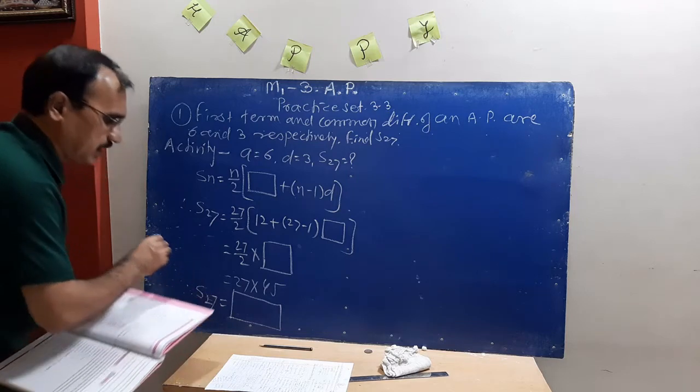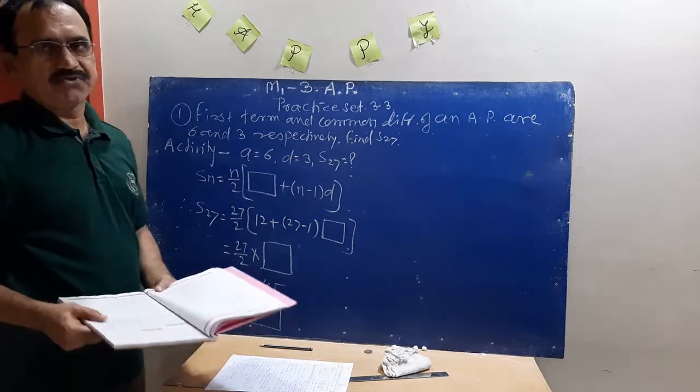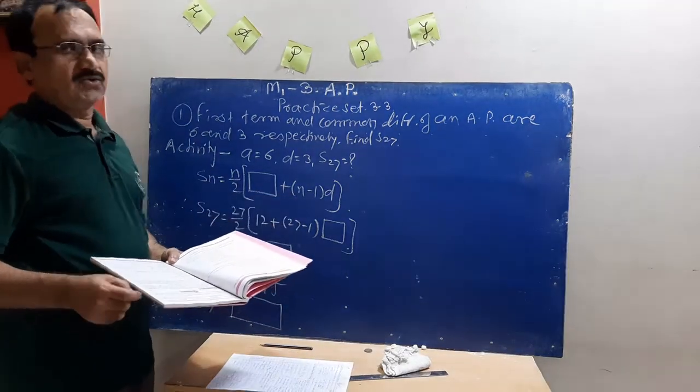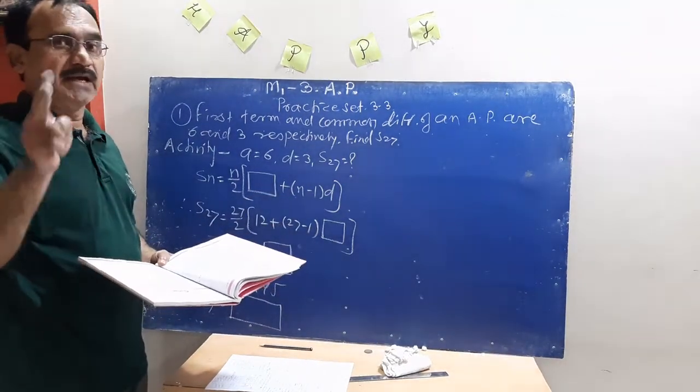This is the required answer. We have to fill the empty boxes. This is called the activity question. Like this, there are questions in the question paper, question number 2A and 3A.